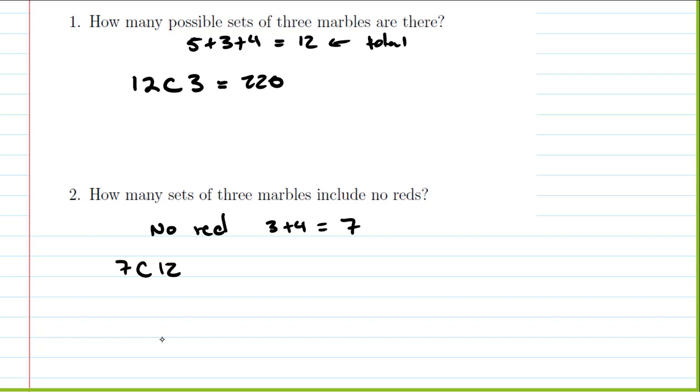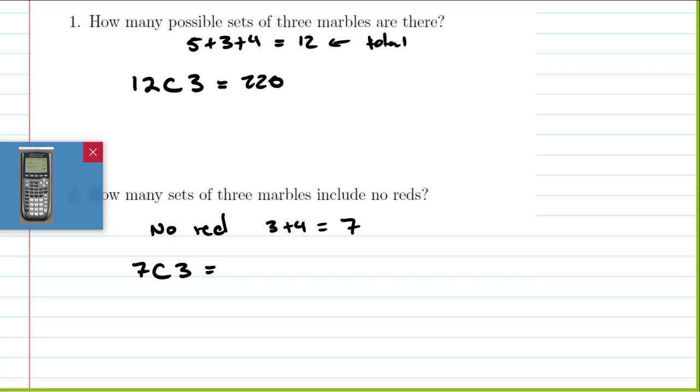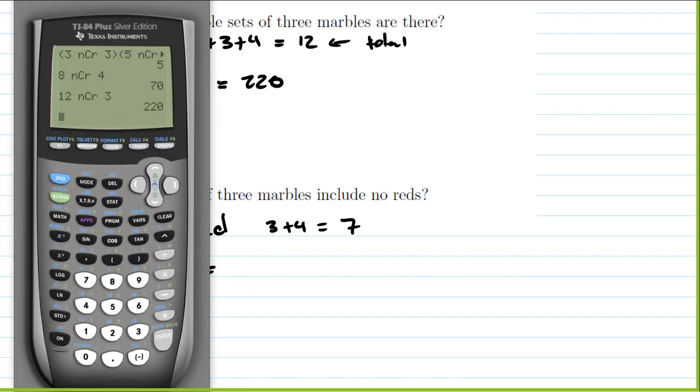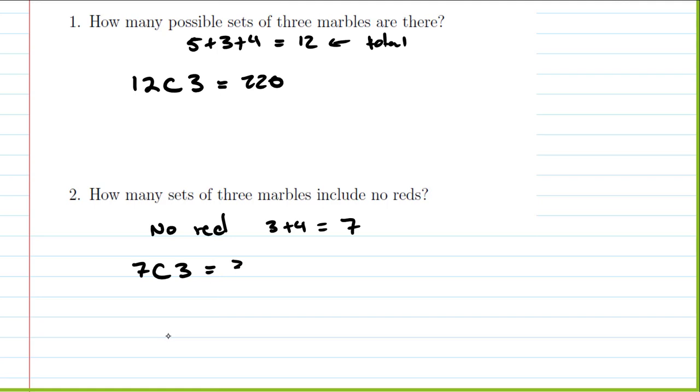Wow, I did that backwards. It's going to be 7 choose 3. And that's going to give us 35. So of those 220 possible 3 marble sets, there are 35 that contain no red marbles.